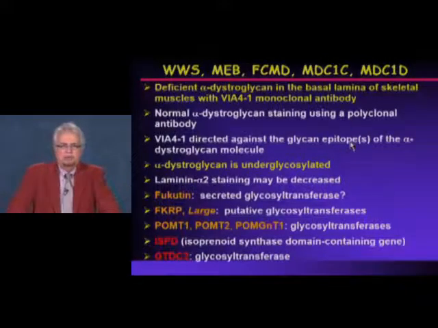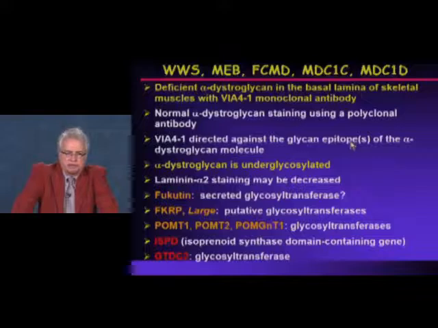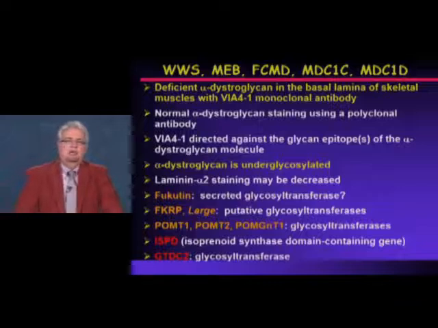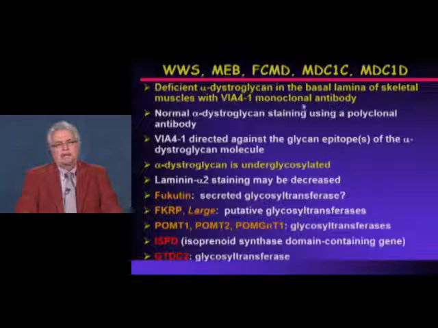So all these conditions are basically glycosylation defects. And if you stain for alpha-dystroglycan, as I said earlier, with a particular monoclonal antibody, you don't actually find a lot of alpha-dystroglycan there.